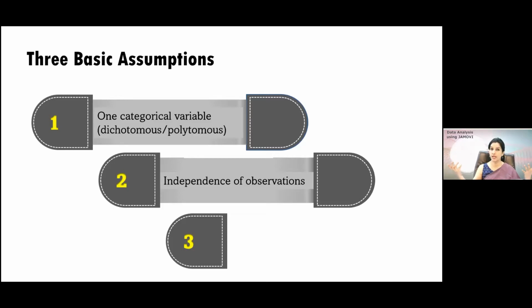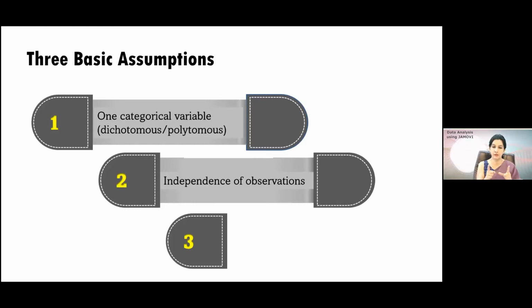If you have to take male and female, you can take 10 couples and put all males under male and all females under female. But no, that will not be independence of observation because they are related to each other. Similarly, if you take twins and keep them separately in two groups, that is also not independence of observation because they are related to each other.